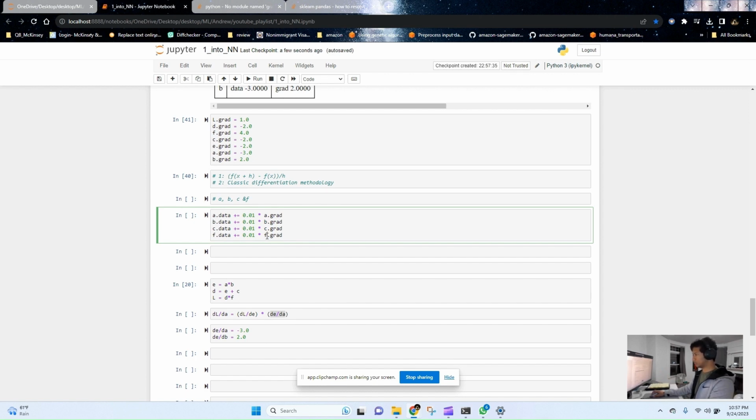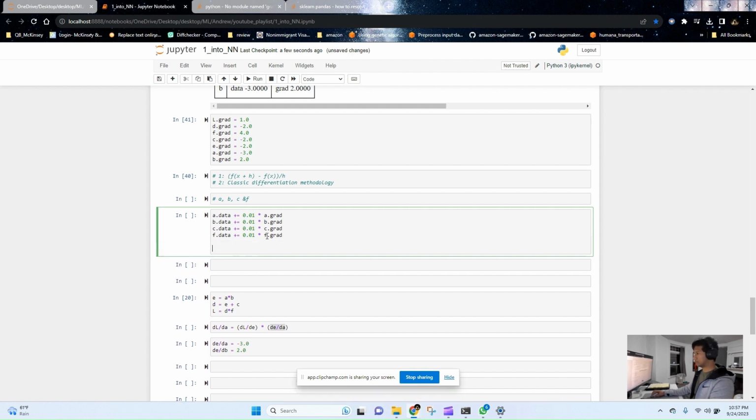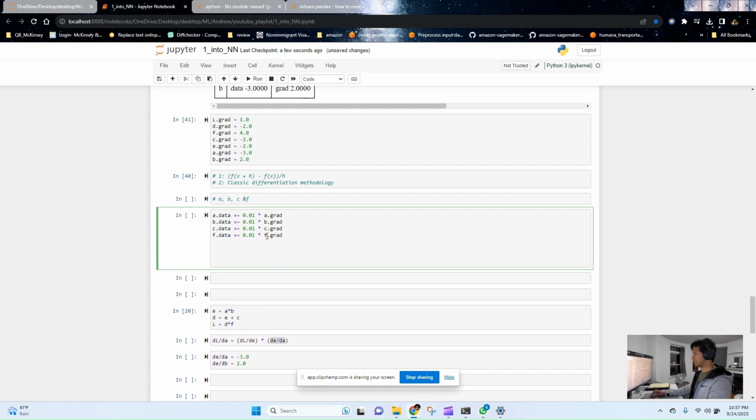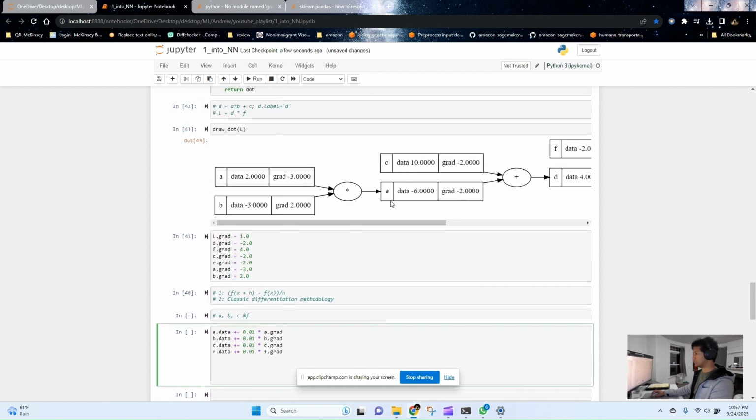Now, when we update our weights and use these new weights in the equation, A plus B gives rise to E, E plus F gives rise to D, and D times F gives rise to L. So let me do this forward pass, as we call it.